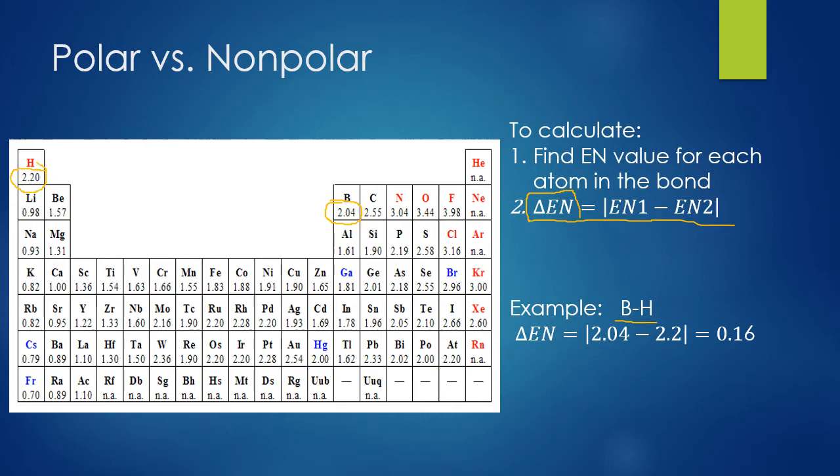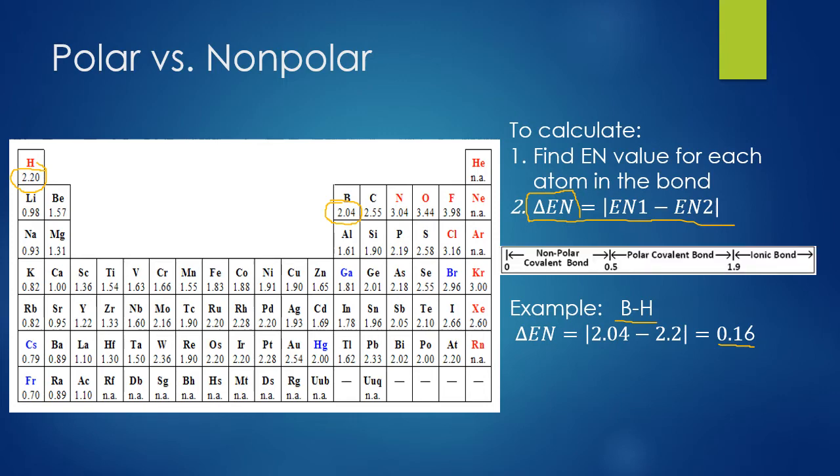Subtracting those from each other, we would get a negative number, but since we have the absolute value bars, we change that to a positive. So 0.16 would be the change in electronegativity. So what do we do with that number? We compare it to the scale shown here. If the change in electronegativity falls between 0 and 0.5, it can be classified as a nonpolar covalent bond.